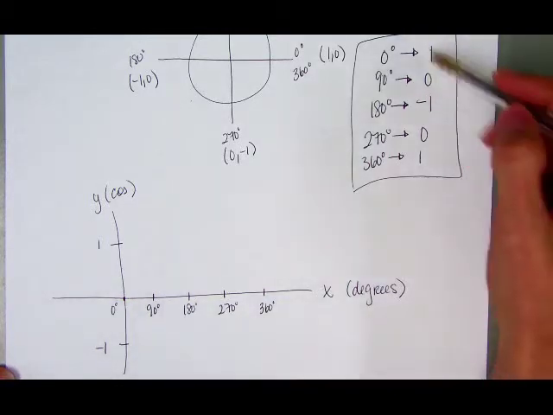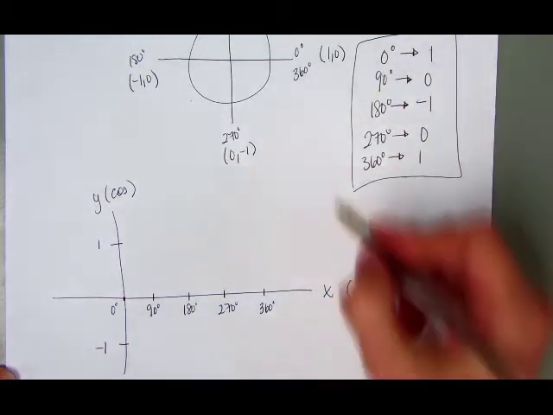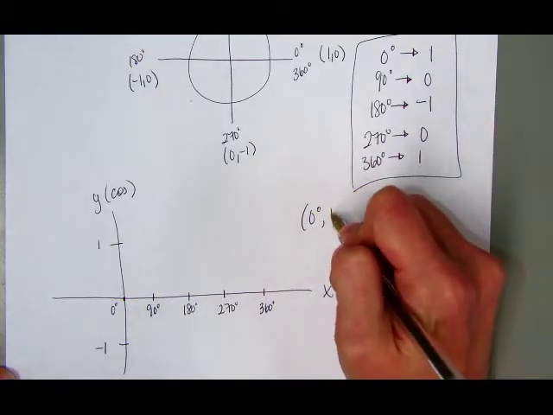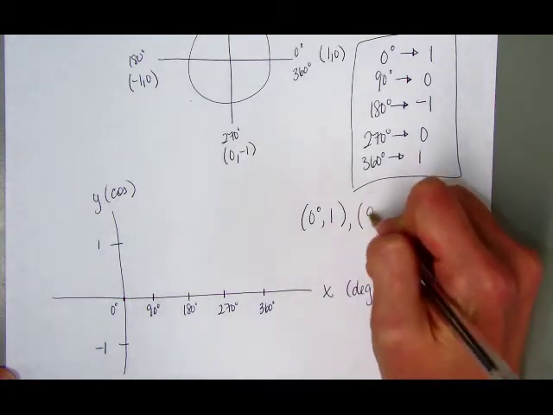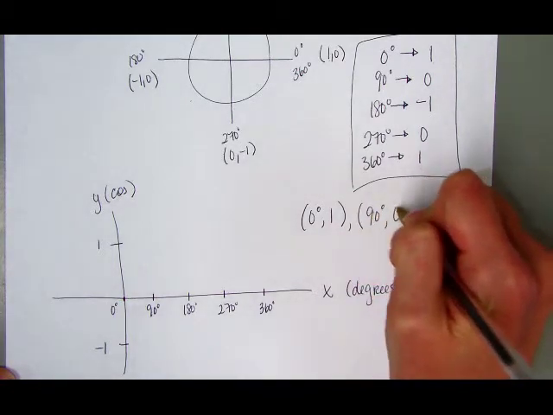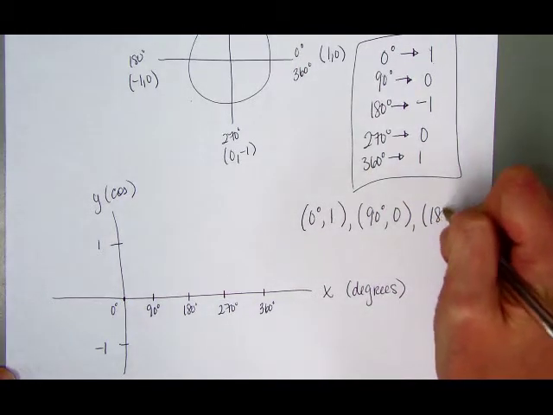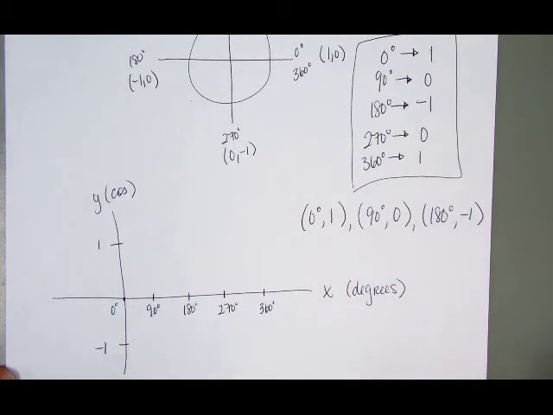So now I can just take this information from my cosine and use it as ordered pairs. So at 0 degrees, my cosine value is 1. At 90 degrees, my cosine value is 0. At 180 degrees, my cosine value is -1.